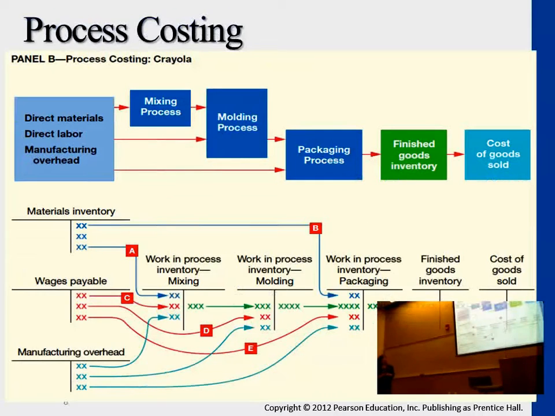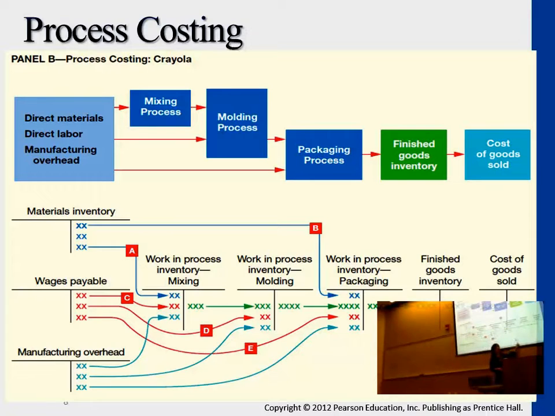As opposed to this, process costing again, we'll be separating the cost, tracing the cost based on different departments. As you can see here, we have a mixing department's cost, we have molding cost, we have packaging cost. So for example, if this is a company that produces crayons, maybe mixing the wax, and we need to mold it into a pencil shape. Different department takes care of different process.